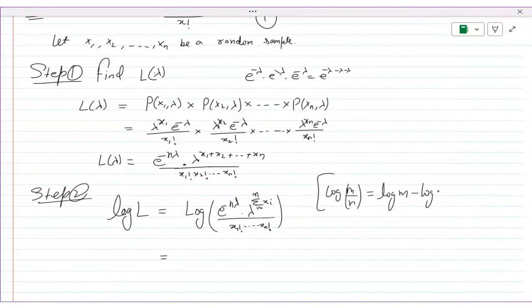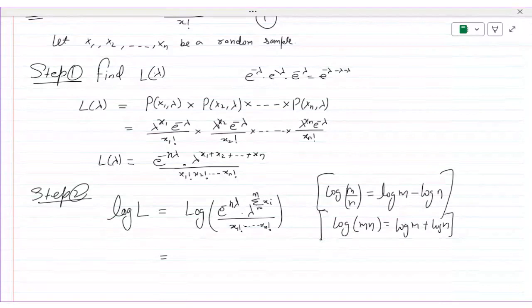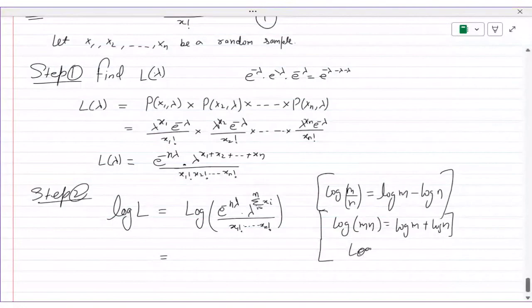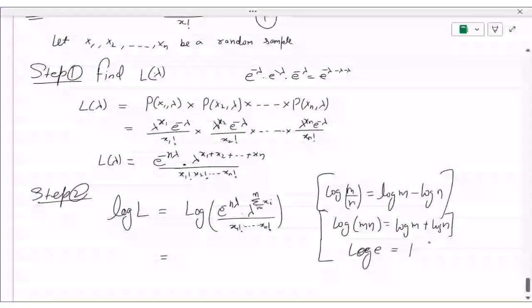Second, I will apply log of m into n, that is log m plus log n. These two properties I will apply, and after that I will also apply log e is 1, and log m power n is equal to n log m.